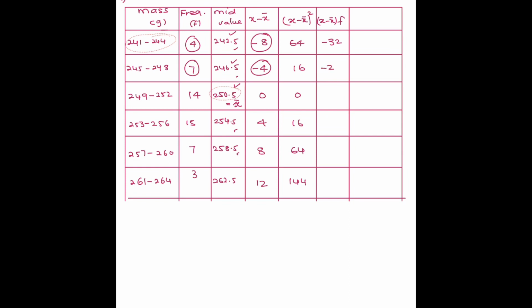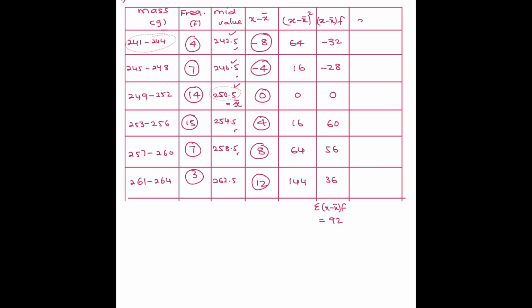Negative 4 times 7, negative 28. 0 times 14, 0. 4 times 15, 60. 8 times 7, 56. 12 times 3, 36. This is what I need. That's 92. So sigma x minus x bar times f is 92. All right, let's try the next one.